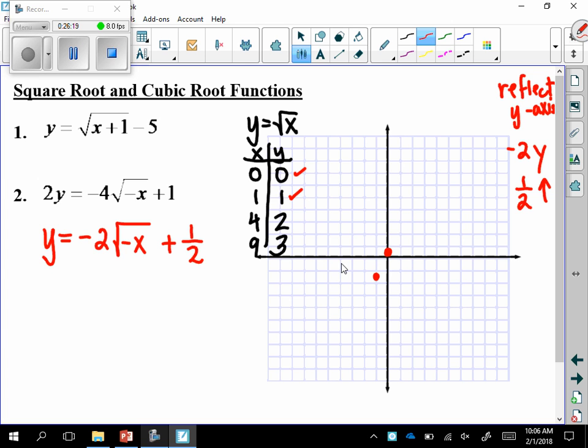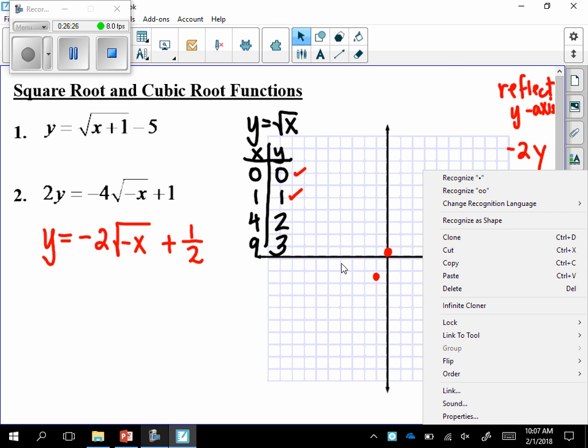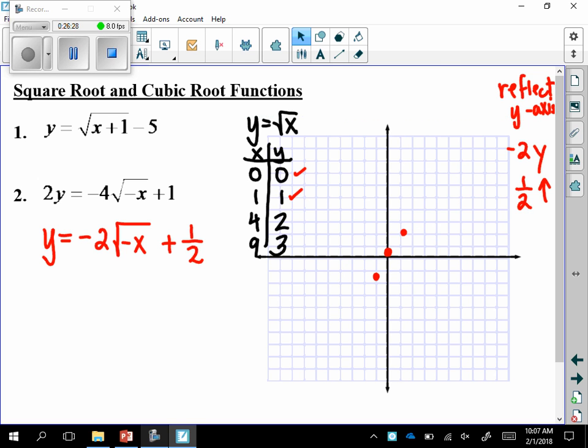4, 2. Reflected over the y-axis, so that's going to be at -4, 2. Then take the current y-coordinate of 2 and multiply by -2, which is going to put me at -4. And then we'll move up 1/2 unit.